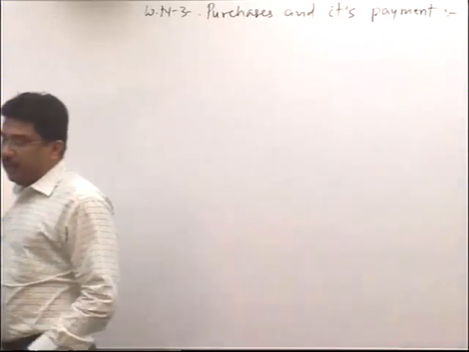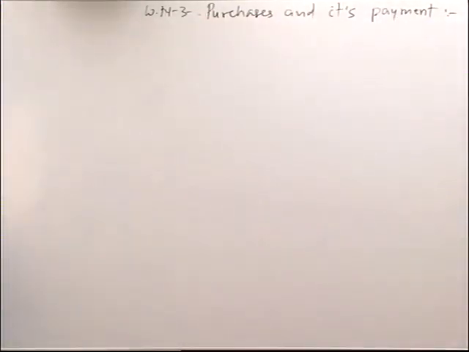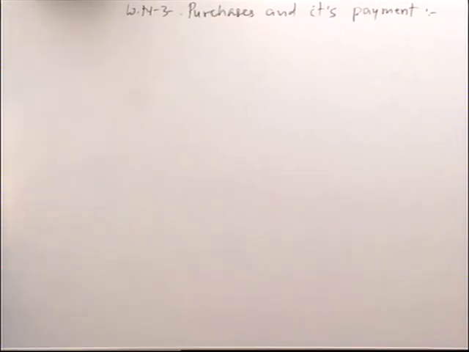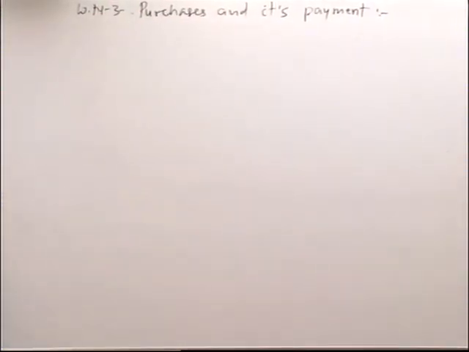Purchases and its payment. First of all we will find out what is the purchase amount every month, and thereafter when these purchases are paid. Now there are 6 months, we have to prepare cash budget for the next 6 months. So please make 7 columns.